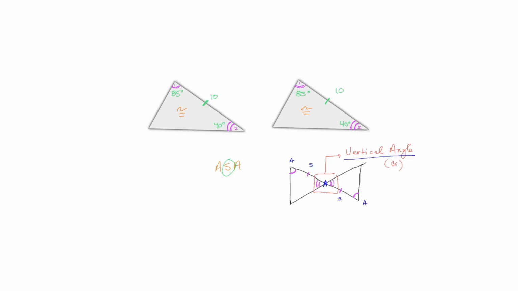What have we done so far? We've done side, side, side. We've done side, angle, side. We've done angle, side, angle. Now we have to look at an angle, angle, side, which is two congruent angles and a non-included side.